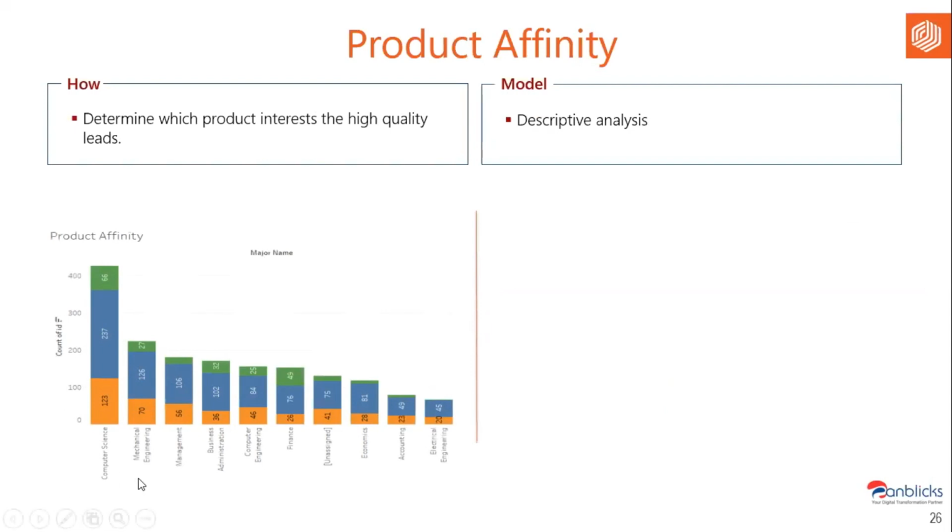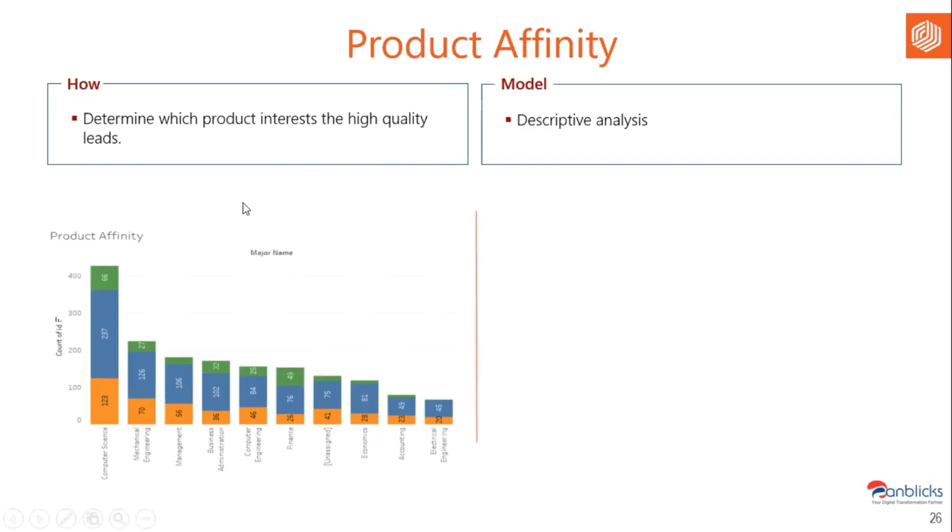Here on the x-axis, you have different programs, that is different products. And here you see the count of leads who have opted for each program. The 3 colors represent the category of the lead, with green being the highest quality lead, blue being mid quality, and orange being the lowest quality lead.